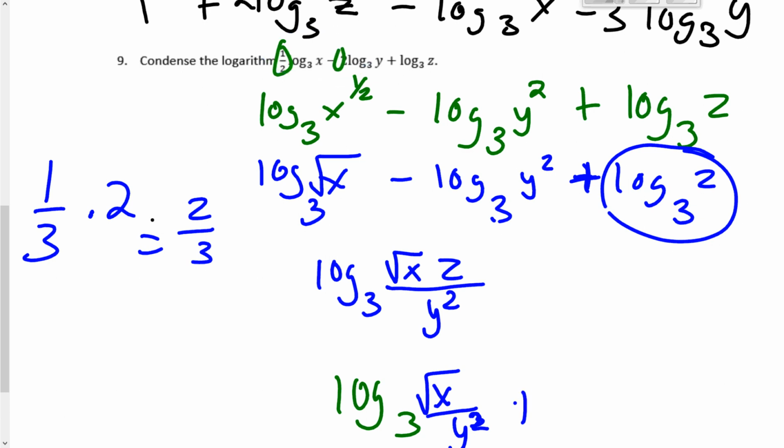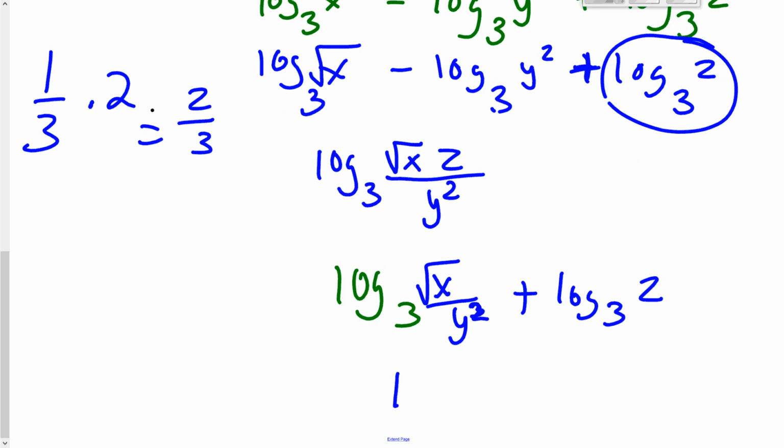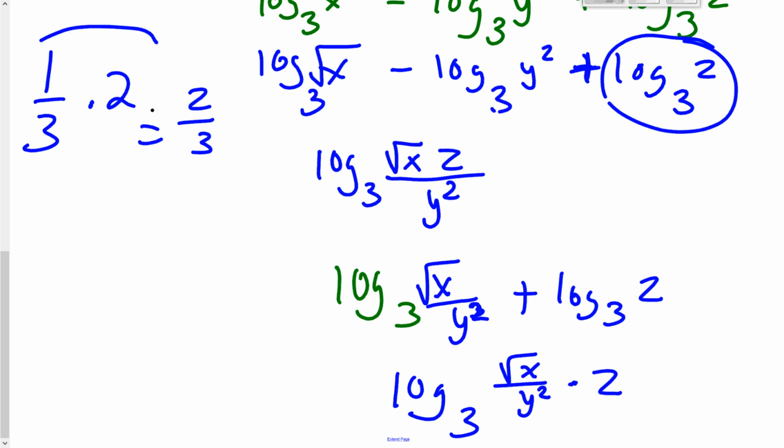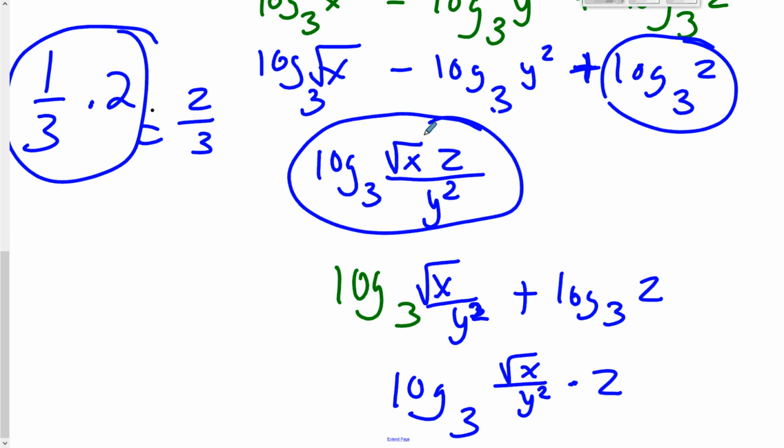And then I'm adding log 3 of z, so that means I'm multiplying because I'm adding, right? So that would be log base 3 of the square root of x over y squared times z. And just like this, when I take a fraction times just a whole number, isn't that whole number always in the numerator? So I multiply the numerator. So that's why I ended up with z in the numerator right here on this problem.